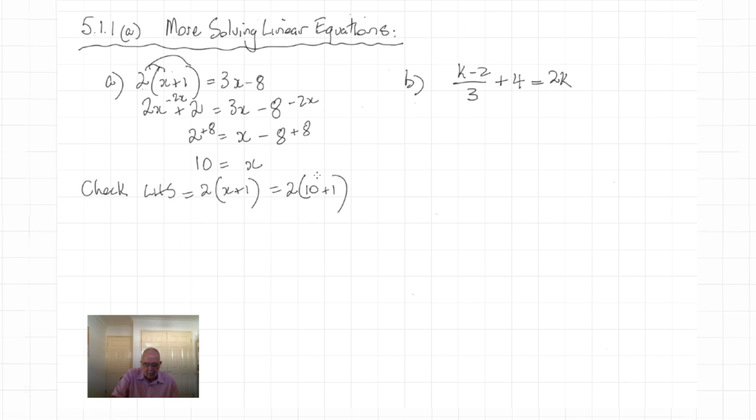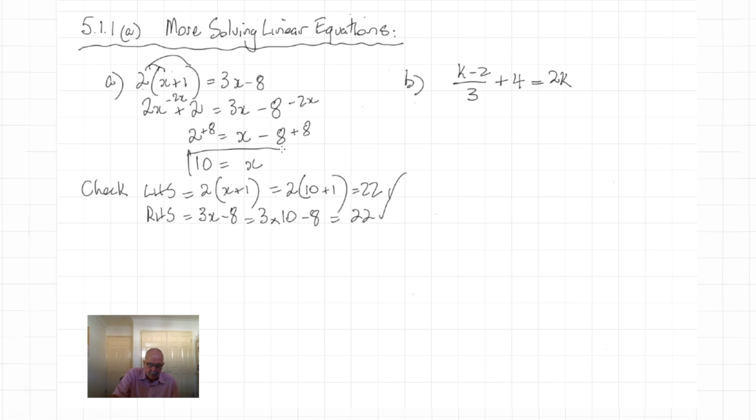And 10 plus 1, we do brackets first. 10 plus 1 is 11, times 2 is 22. The right hand side, we're hoping it's going to be 22 when we work it out, is 3x minus 8, which is 3 times, now x is 10, minus 8. 3 tens are 30, minus 8 is 22.